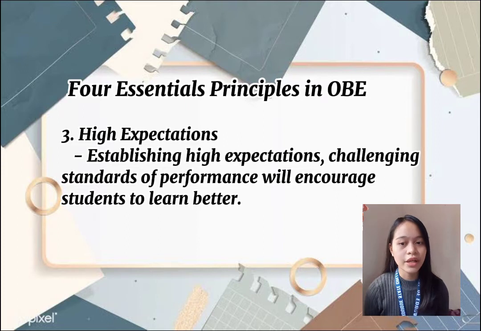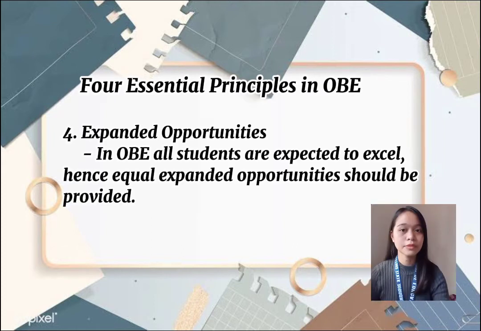This is parallel to Thorndike's law of effect, which says that success reinforces learning, motivates, builds confidence, and encourages learners to do better. The last principle is what we call expanded opportunities. In OBE, all students are expected to excel, hence equal expanded opportunities should be provided.